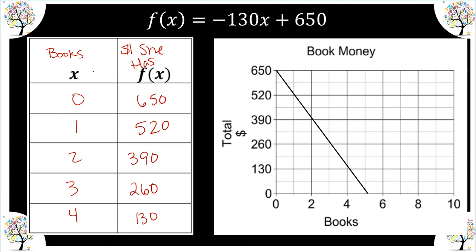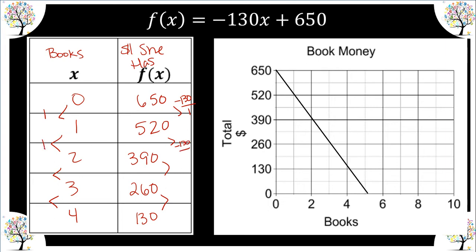So when you're given a function table, if you were asked, is this linear? You need to compare the change of the y's of each set to the change of the x's. From 650 to 520 is going down 130. From 0 to 1 is a change of 1, so we have negative 130 over 1. From 520 to 390, we went down 130.